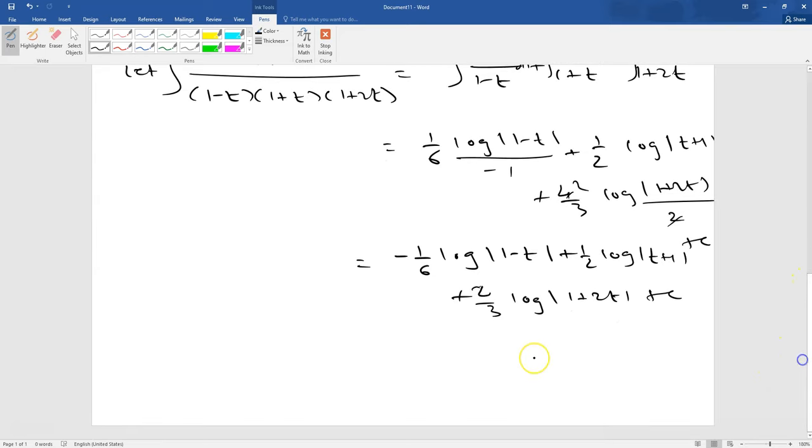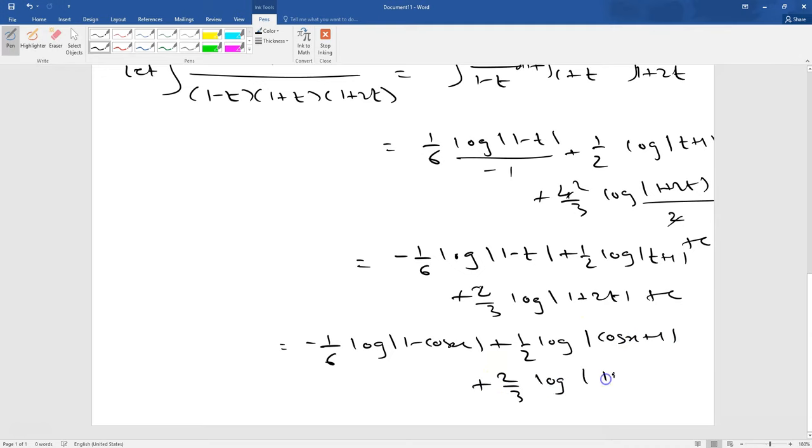The value of t was cos x, so what will the answer be? The answer is going to be minus 1/6 log of 1 minus cos x plus 1/2 log of cos x plus 1 plus 2/3 log of 1 plus 2 cos x, right? Easy. So that's how it is.